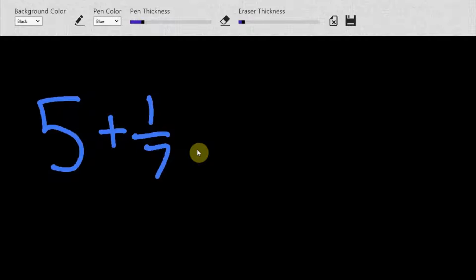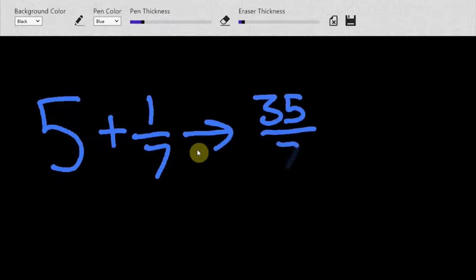We know there are 7 sevenths in a whole, so therefore if we have 5 wholes, we can work out how many sevenths are in 5. Simple way to do that is just to do 5 times 7. So we can rewrite this as 35 over 7 plus 1 over 7.